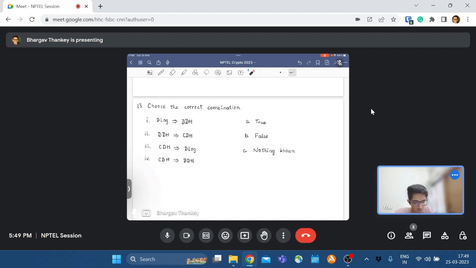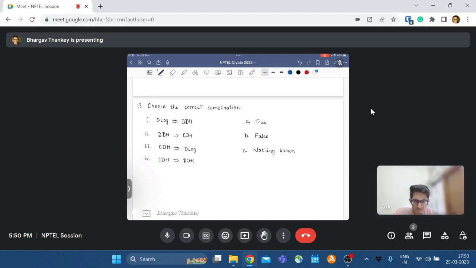On the left hand side we have D log implies DDH, DDH implies CDH, CDH implies D log, and CDH implies DDH. And on the right side we have true, false, and no. What would one map to?